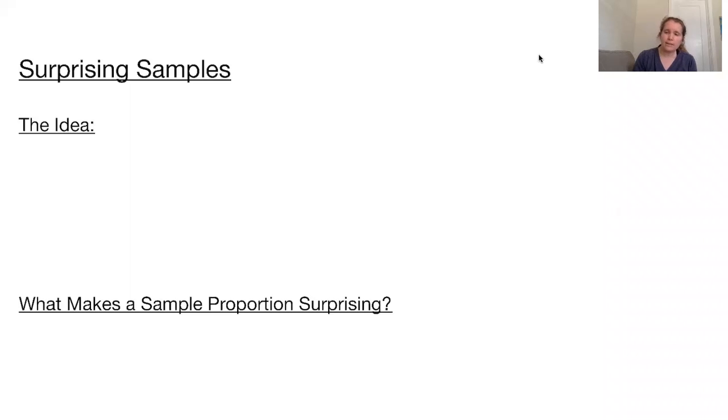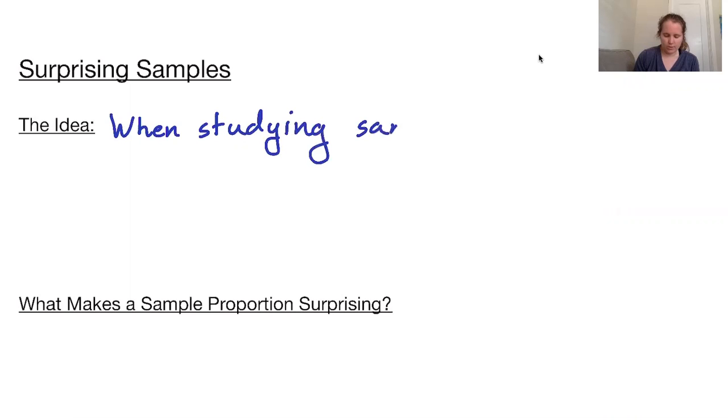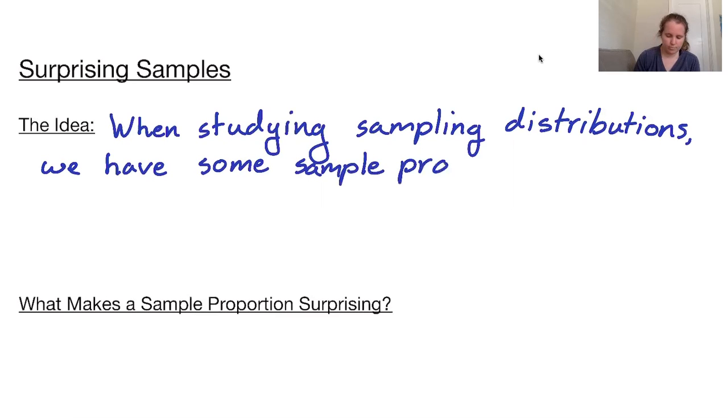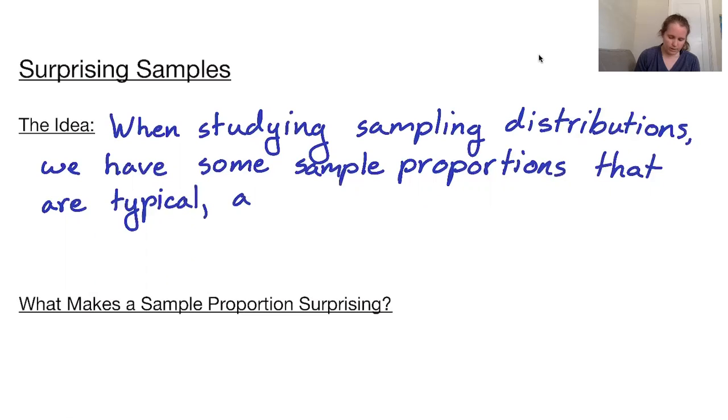Welcome to surprising samples. The idea here is that when we're studying sampling distributions, we have some sample statistics that are typical, or some sample proportions if we're looking at those, that are to be expected, and then we have some that are more rare.